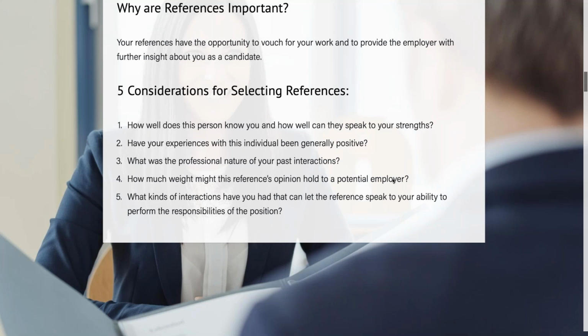And that's key here because you want to make sure that you've had enough experience with this potential reference that you're going to be able to give them plenty of examples to reinforce the information that you're referencing in your application materials so that they can speak in more depth about any questions that a hiring official is going to ask them when checking those different references.